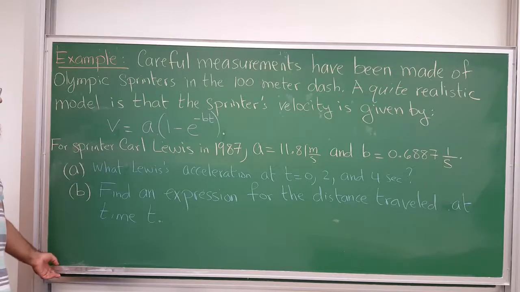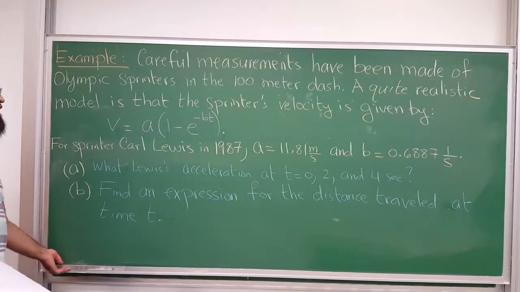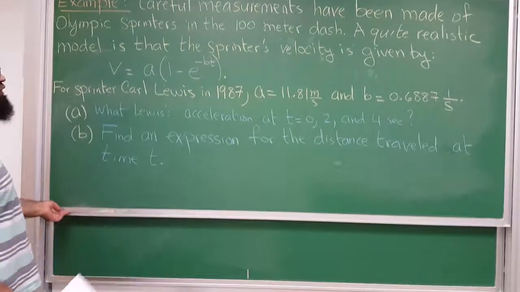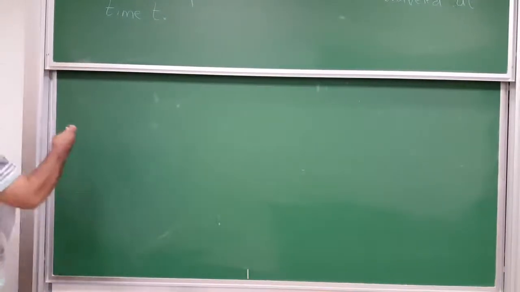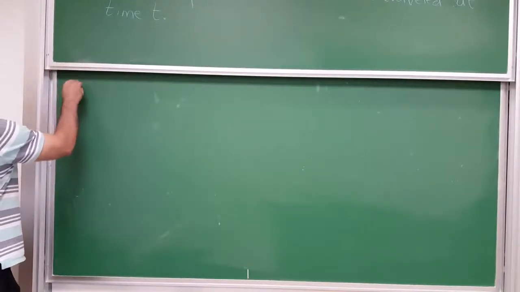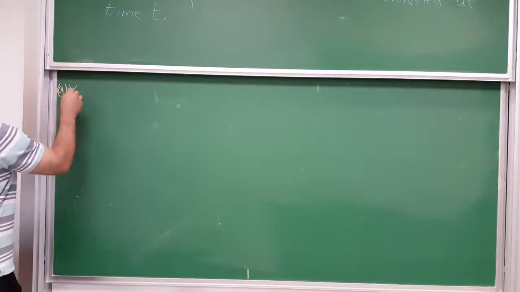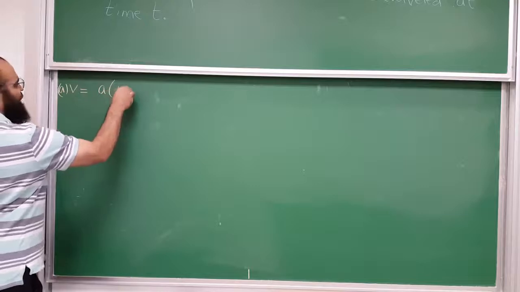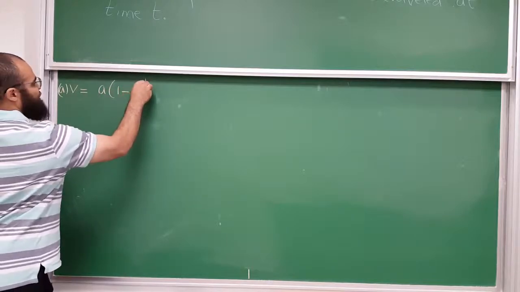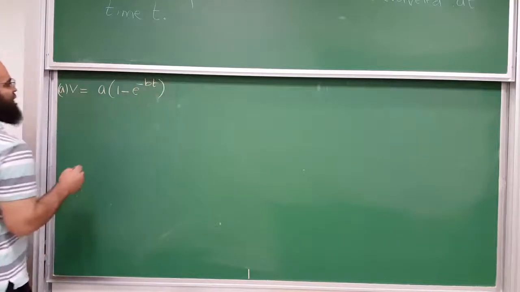And so I will raise this board and then just rewrite the expression of velocity here. So we have the following. I'm doing part A here. The velocity is A times 1 minus e to the minus b times t.